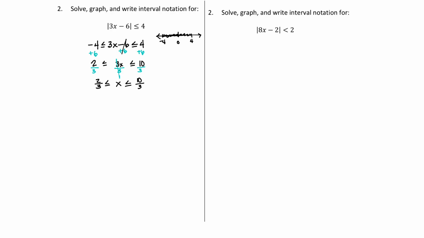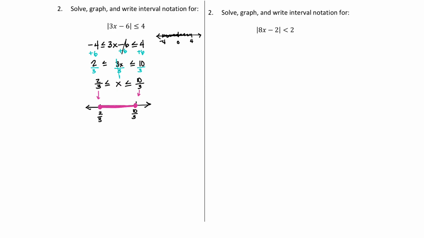And this is what makes this one so simple, is now when you're doing the graph of the absolute value, these two just go straight down. So 2/3 is here, 10/3 is here. You have a closed circle because of the equal to bar, closed circle, and in between.